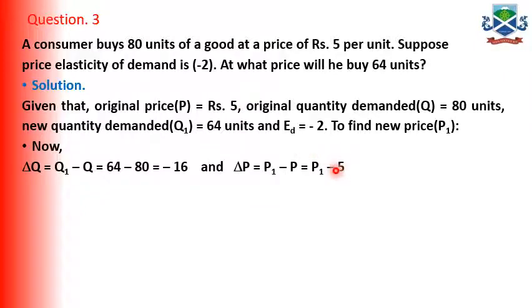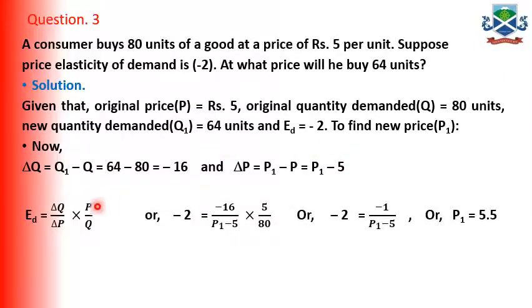Now we calculate the new price using the formula ED is equal to delta Q by delta P multiplied by P by Q. Putting in all these values, the ED value is -2, the change in quantity demand is -16, and the change in price is P1 minus 5, multiplied by the original price 5 and the original quantity demand 80.